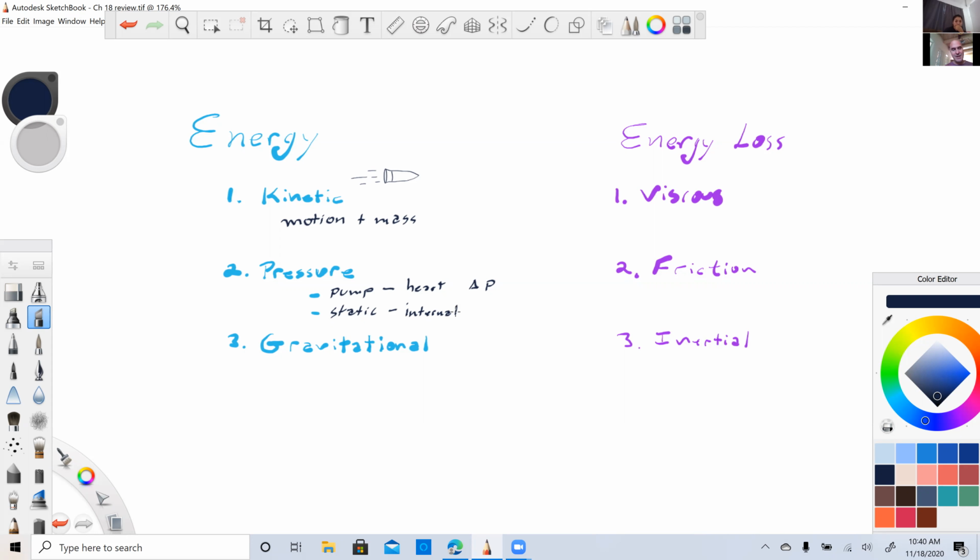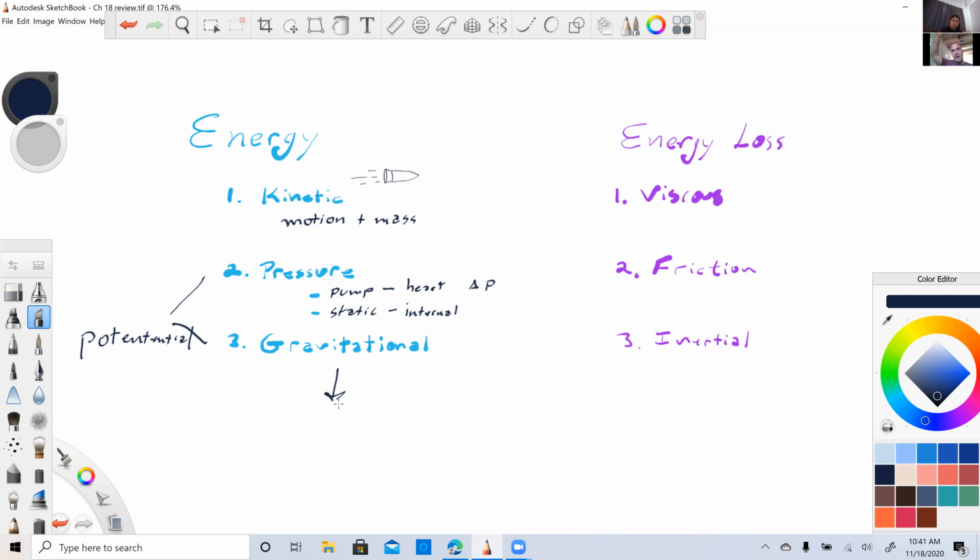All right. And then gravitational. Both pressure and gravitational are considered potential energies. Gravitational is just what it sounds like. Gravity pulling down. So if I'm holding my pen just above the ground, it has low gravitational potential.